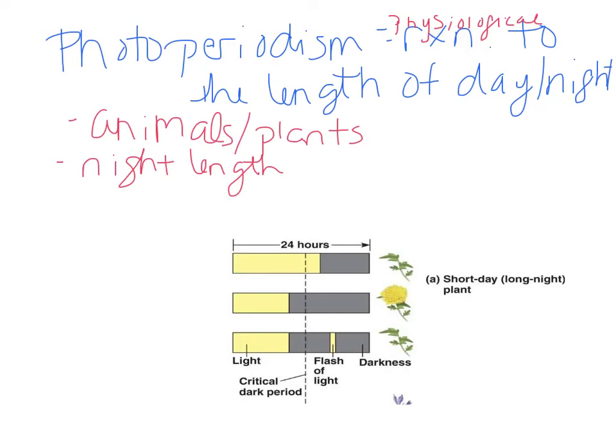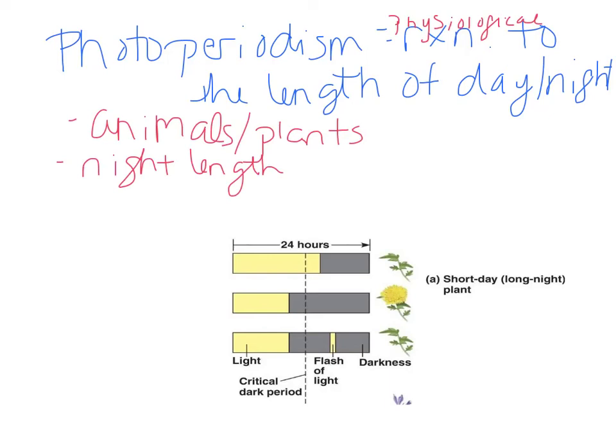So think about wintertime. There's a longer dark period, so there's an increased darkness during the winter, and a large amount of plants do not bloom during that time. They have the physiological change that it's not a good time for them to bloom because they get this stimulus of how long the darkness is.